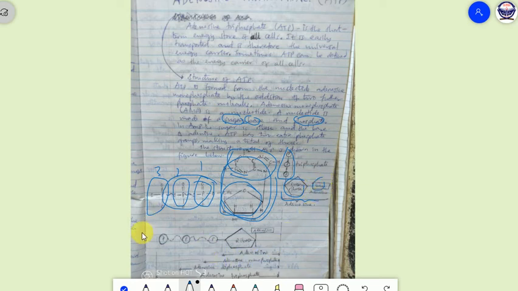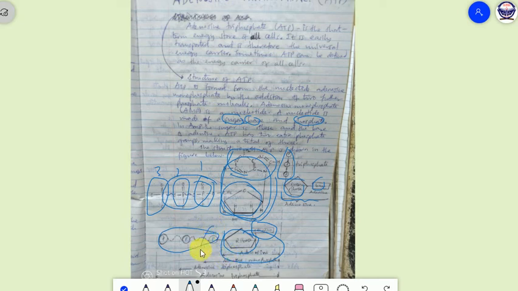This is another simplified structure of ATP, made up of the ribose sugar with five carbons, then the adenine base, and then three phosphates which are grouped together and called the triphosphate. The group from here to here is called adenosine.